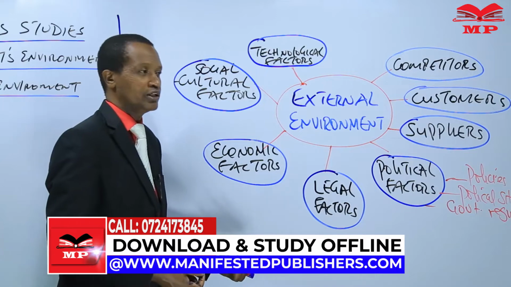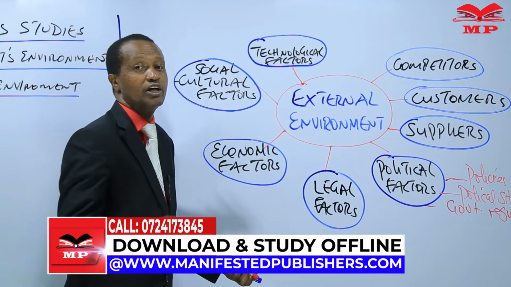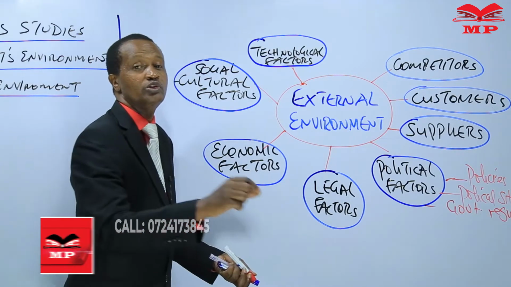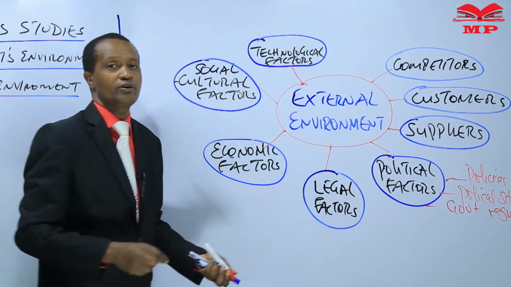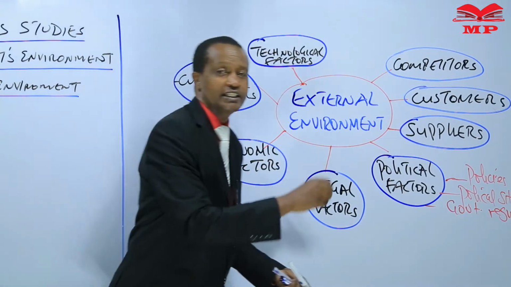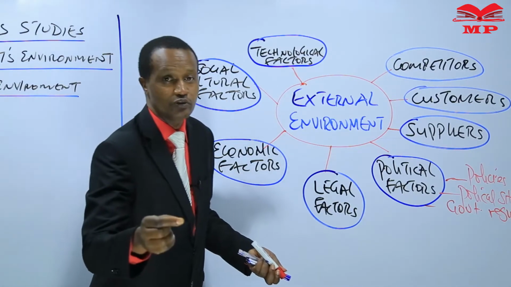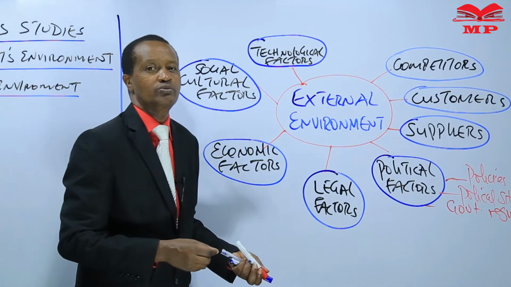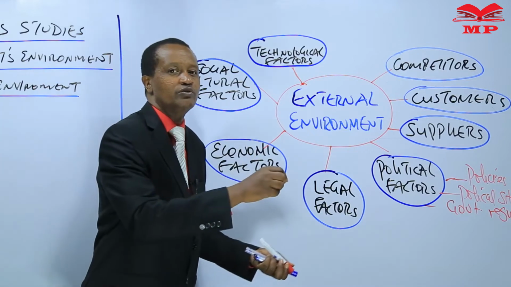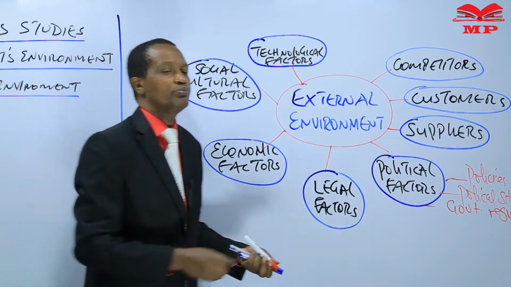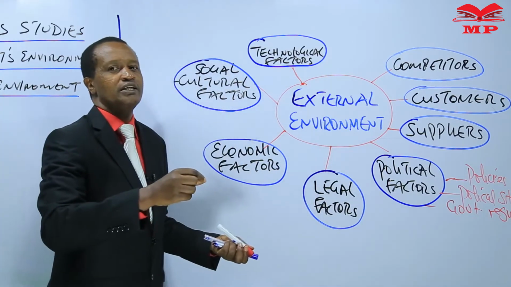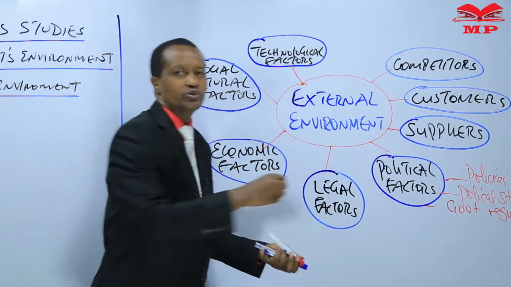I no longer need to come to your house to do physical tuition. Why? Because of the internet. You can now get my services while seated in the comfort of your home. So a business should take advantage of the technological developments that may improve its operations.